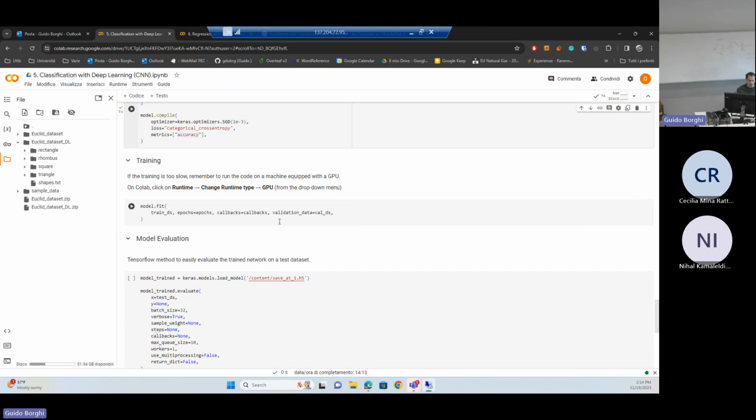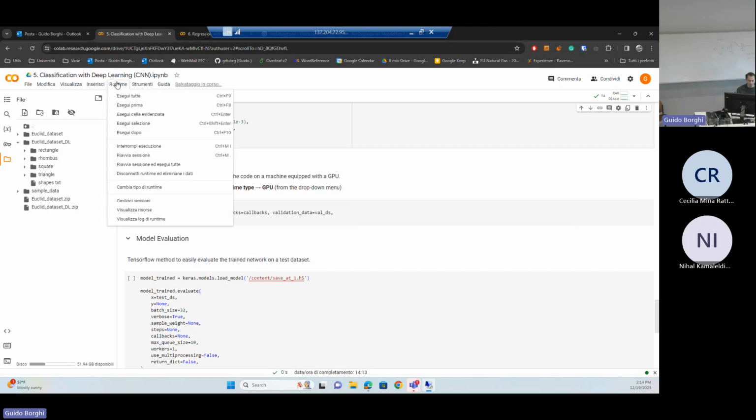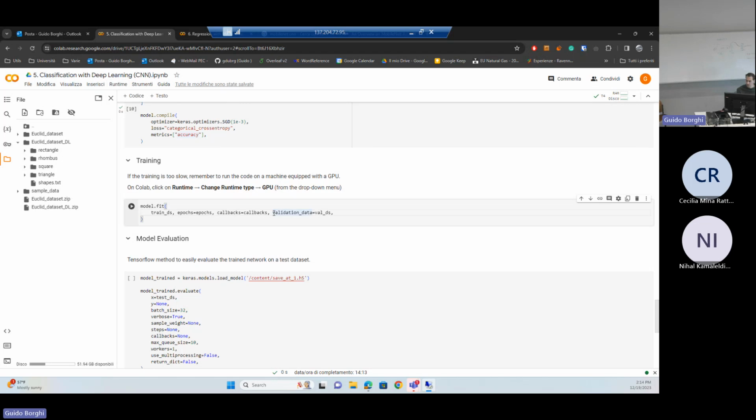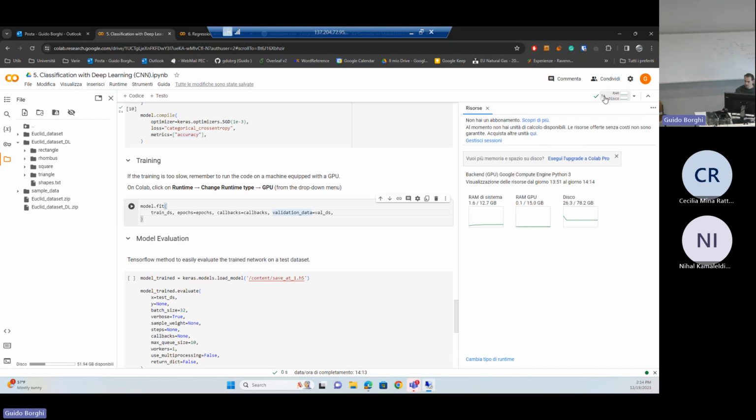Remember to click on runtime, and you have to change the runtime type, and then you have to ask for a GPU. In my case, I already have the GPU. If you click here on the right, you can see that I have the RAM memory for the system, but also the RAM memory for our GPU.